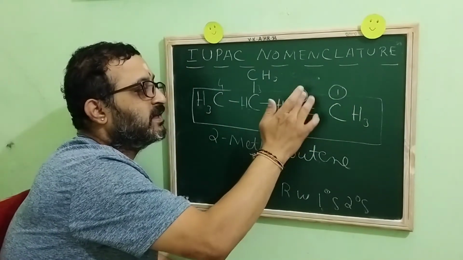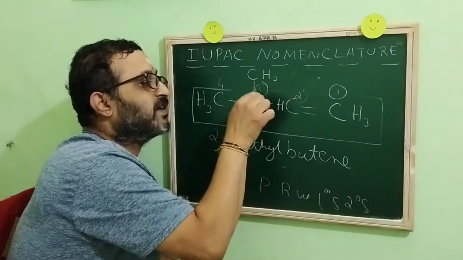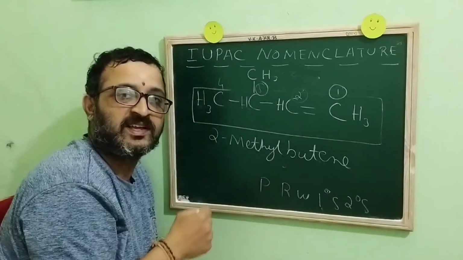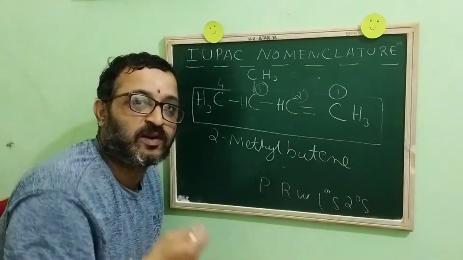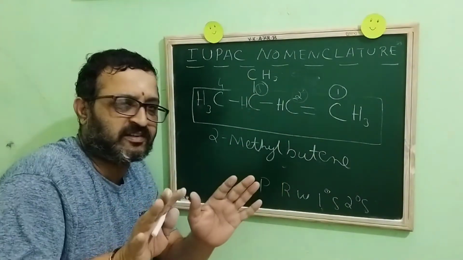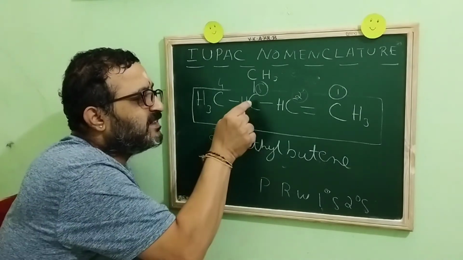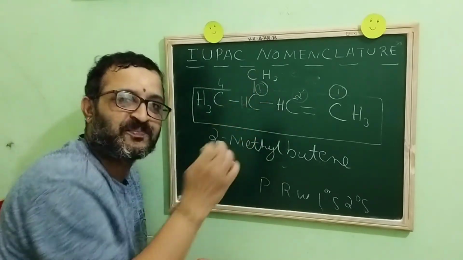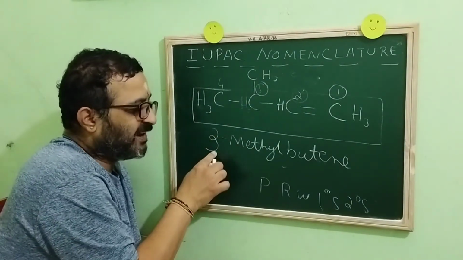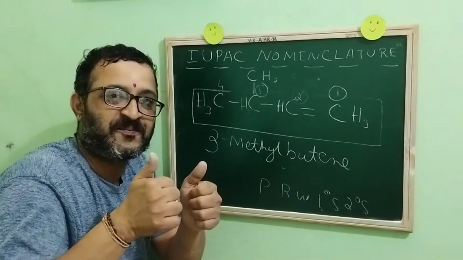So now this will be 3. I will circle 3. Why? Because to the third carbon, methyl is attached. So what will be the name of this compound? Sir, everything remains the same. No change. But instead of writing 2-methyl, this time the methyl group is attached to the third carbon. So the name of the compound will be 3-methylbutene. Is it clear, children?